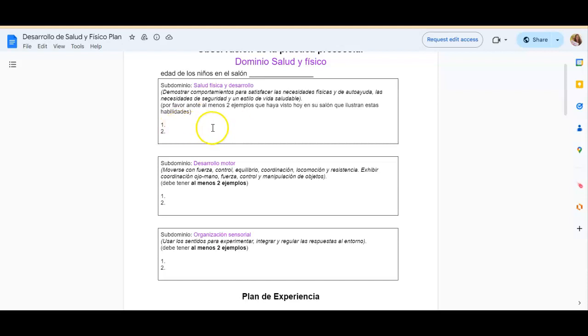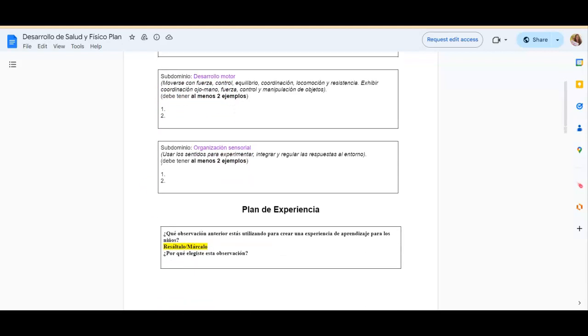So, you're going to observe these three subdomains. Then, after Friday, okay, you don't pick it now, you observe these on Friday. After Friday, you're going to choose one of your observations. You will highlight it, and then you're going to create a plan for the next Friday.